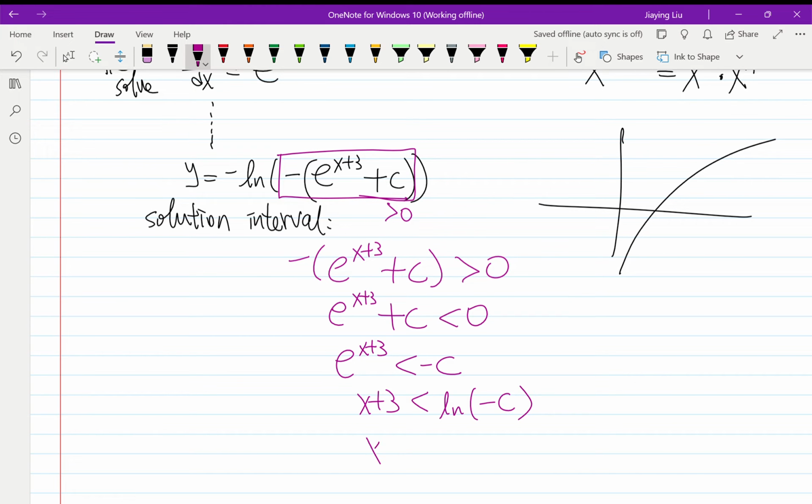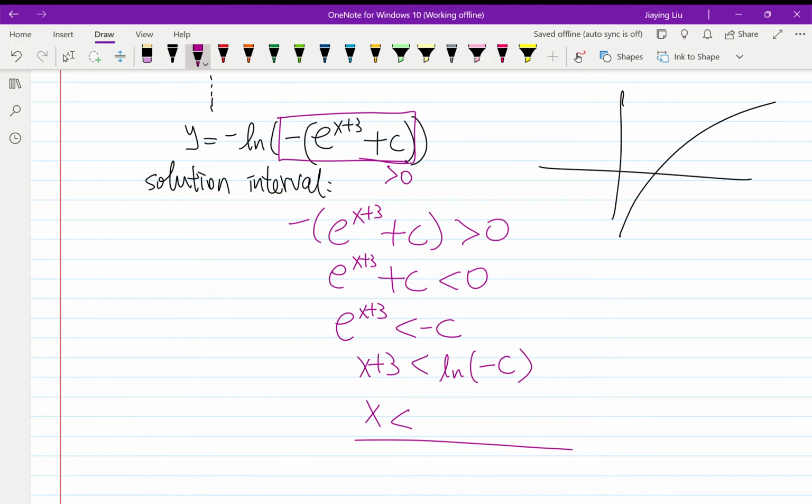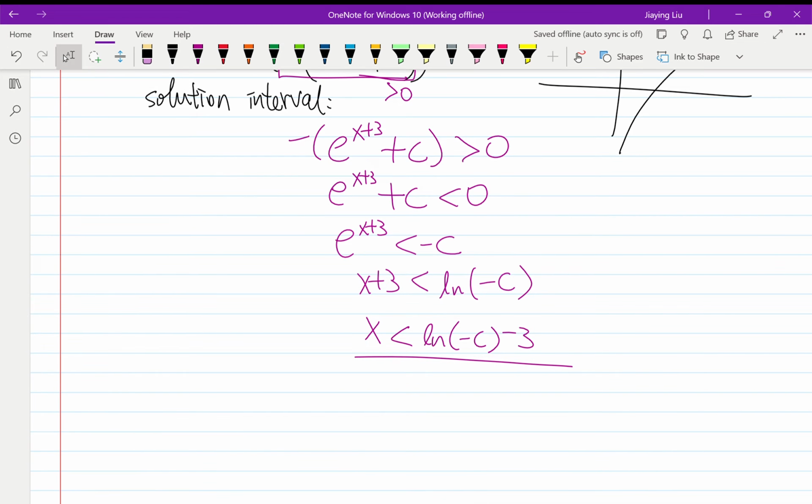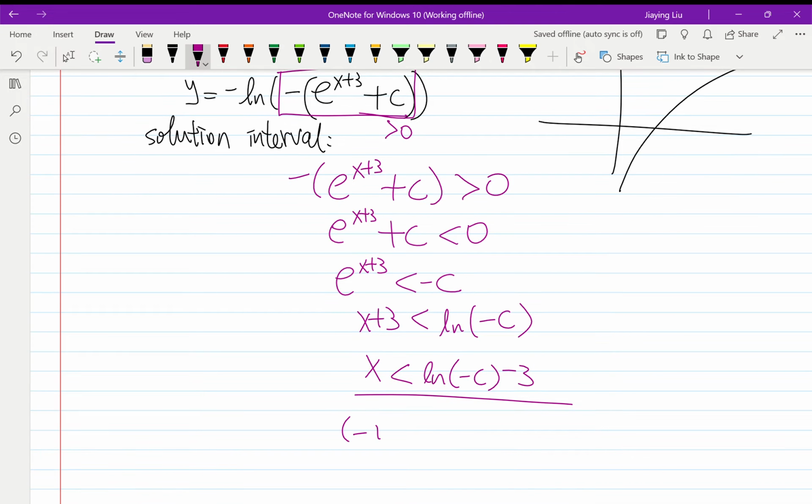And there you can solve for x from there. So x is less than natural log of negative c, minus 3. So the interval will be from negative infinity to whatever that is, this whole thing.